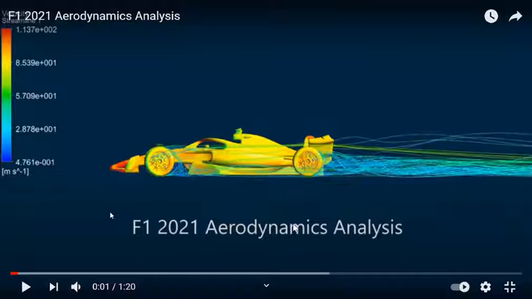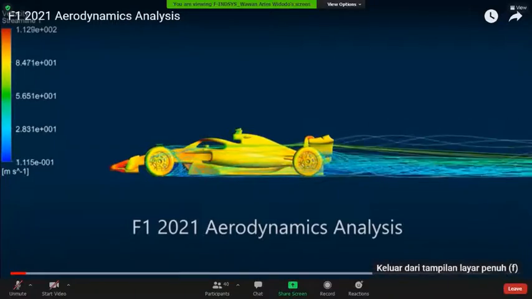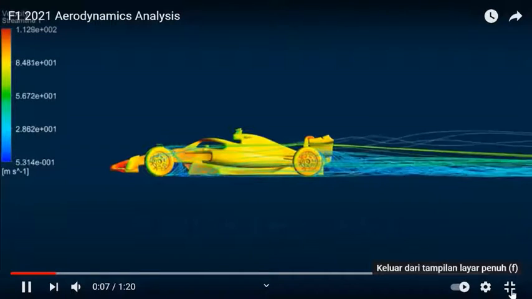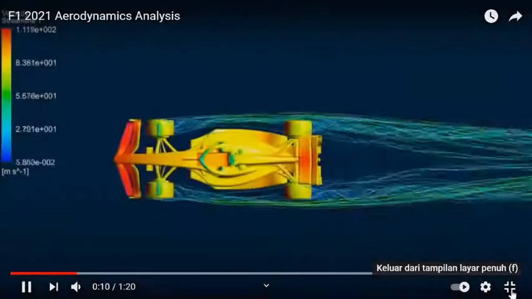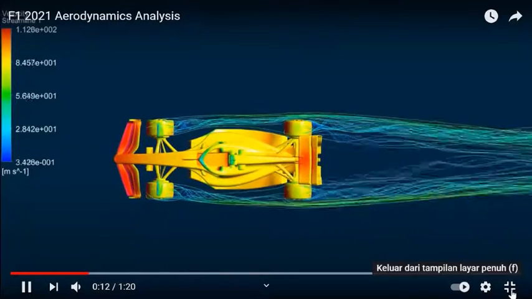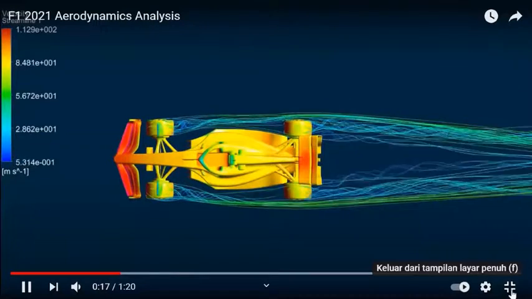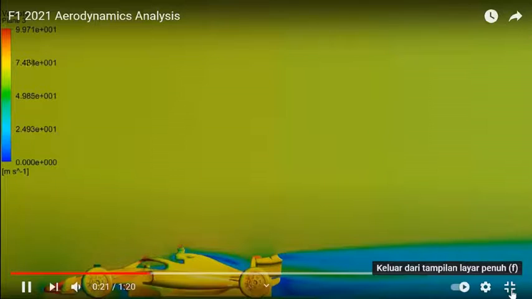From this picture on the film, this is a top view. We can see the flow direction around an F1 car. This is an example of how to describe a differential equation to illustrate the flow around an F1 car.